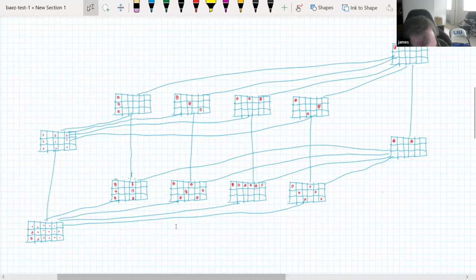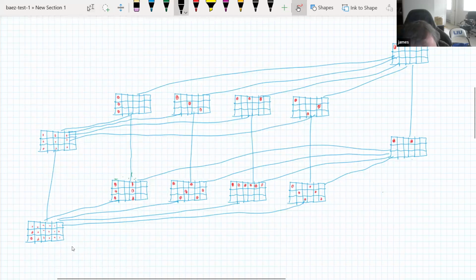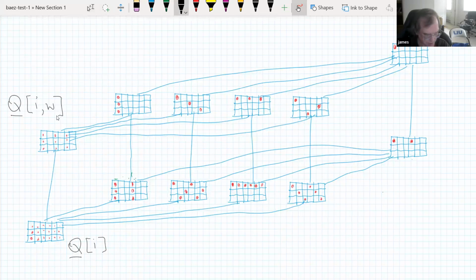Okay, and then we can see that this is the Gaussian field. And this thing above it that used to be the Eisenstein field is now the relative Eisenstein field. So it's the Eisenstein extension of the Gaussian field, which we can write like that.